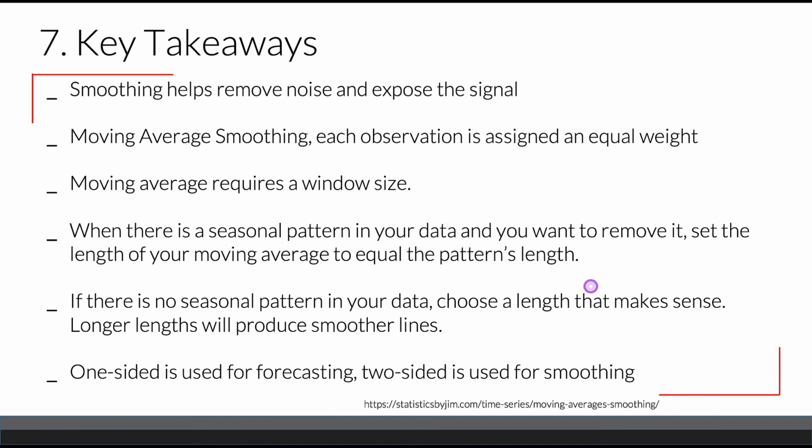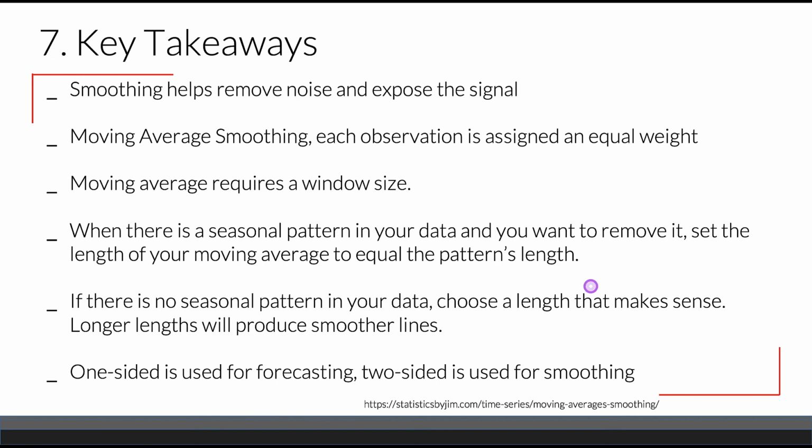So smoothing helps us remove noise and expose our signal. We've seen it in moving average smoothing, where we assign equal weight to each observation. In exponential smoothing, we're assigning a different weight. The closer the time was to the observed value, the more weight it was given, so more recent values get more weight compared to the older values.